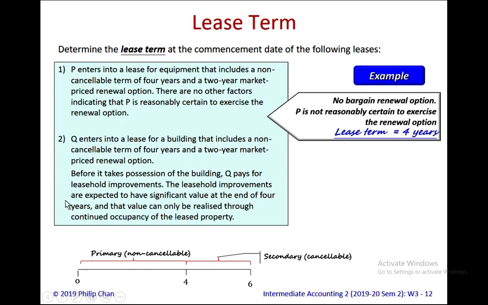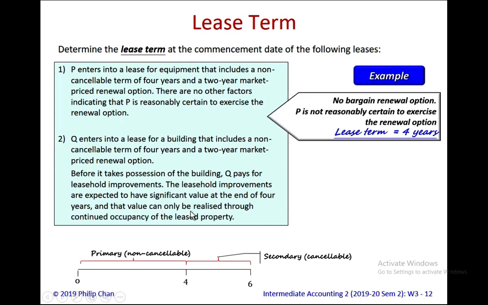Okay, let's look at number 2. Q enters into a lease for a building that includes a non-cancelable period of 4 years and a 2 years market price renewable option, exactly like part 1. Before it takes possession of that building, Q, the lessee, spends a lot of money to do leasehold improvements. And such improvements are expected to have a significant value at the end of year 4.